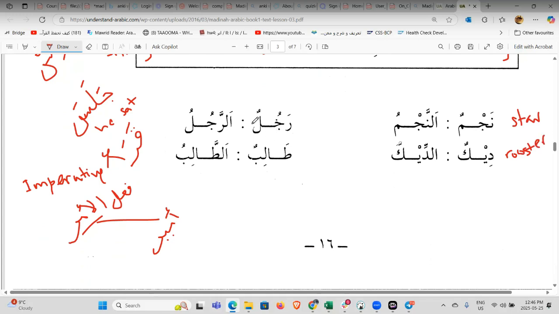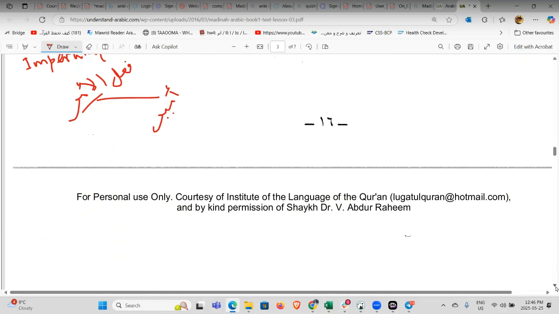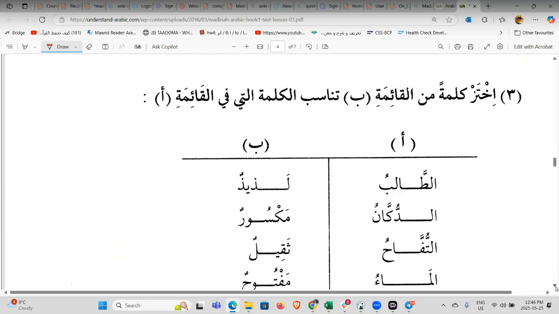Rajulun, a man, the man. And then we have talibun, a student, and the student.